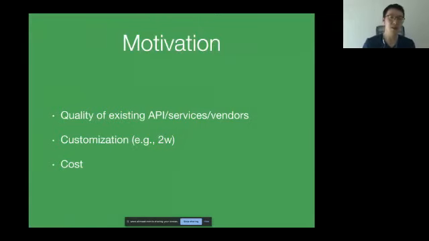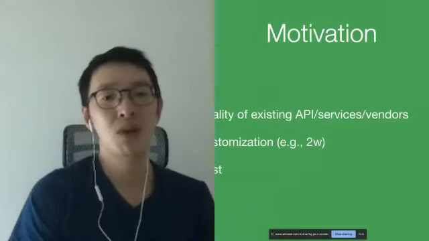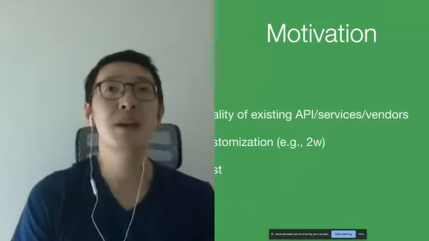Why are we doing that? I'm not sure if some of you may have some experience with the Google Map API. It's widely used across the world. People may ask why you cannot just simply call Google. So we had several motivations back then.